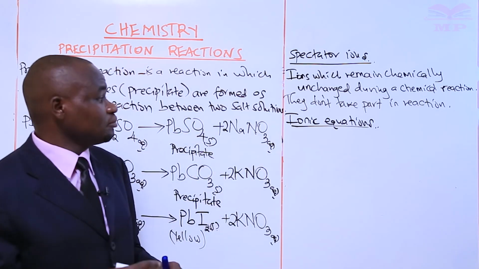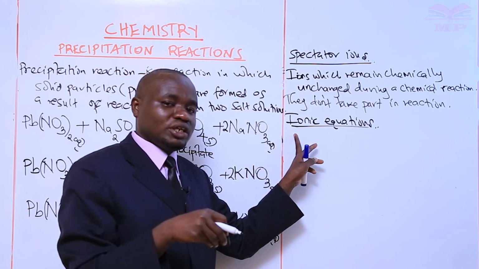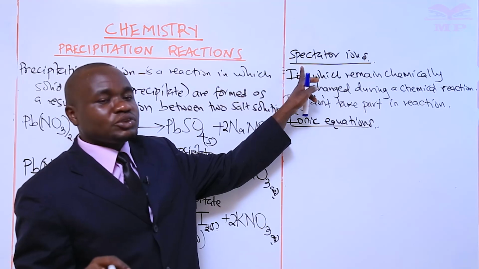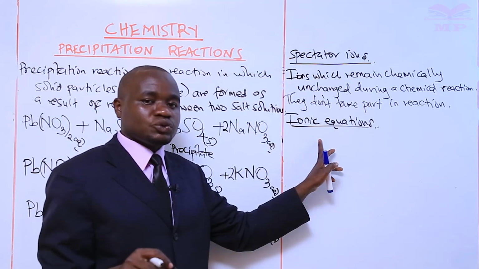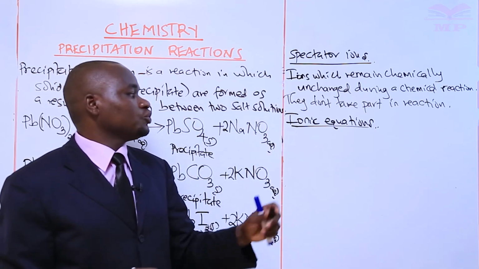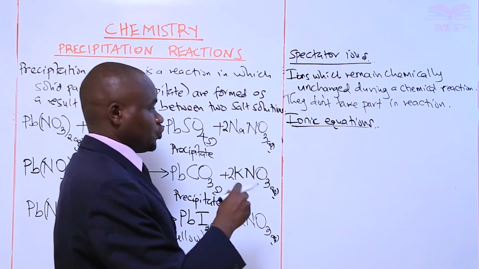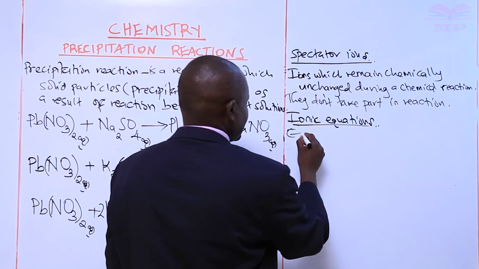And the ions we are writing are the ions which are taking part in the reaction. The ones which don't take part, we have said we call them spectator ions. And these ones, we omit them when writing ionic equations. But those which take part in the reaction, we have to write them when writing the overall ionic equation.